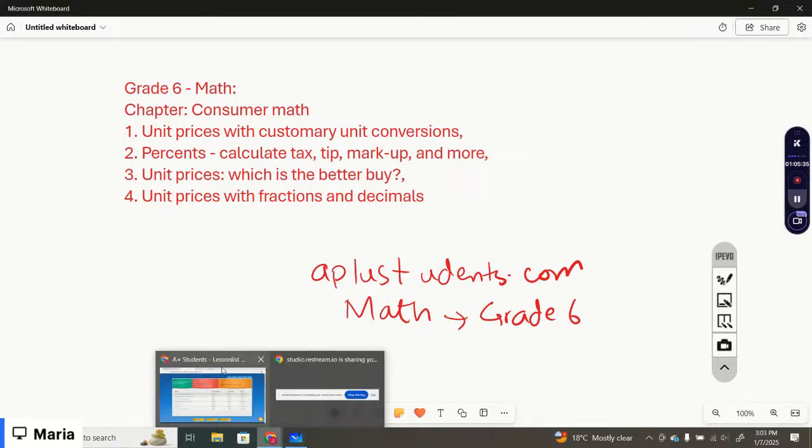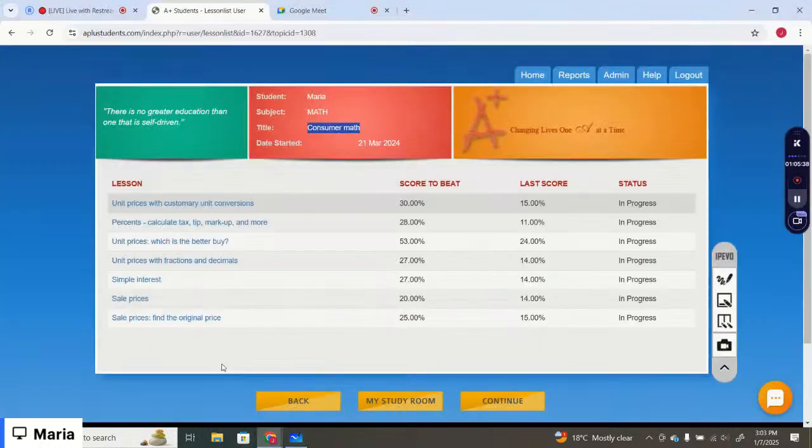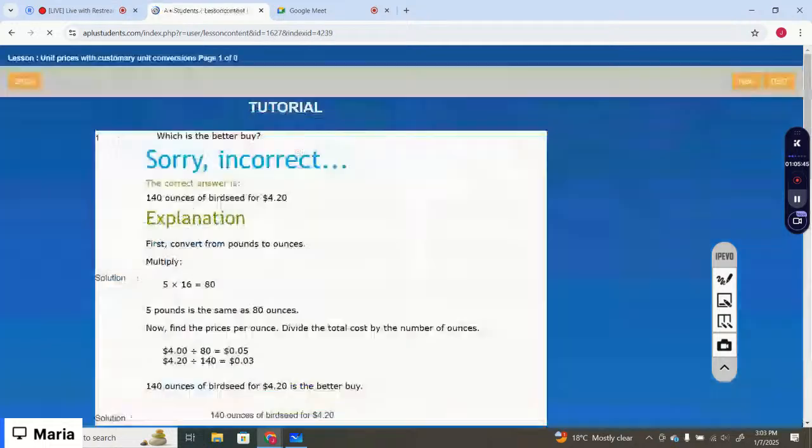Please make sure you have your notebook and pencil so that you can note down the important examples and definitions as well. Let's start with the first lesson, unit prices with customary unit conversions.